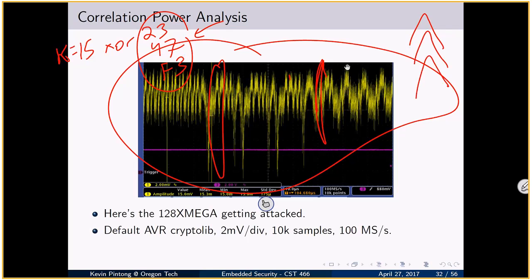You get those series of peaks that are distinct, right? And those distinct peaks give away basically which data, what key is being processed, right?